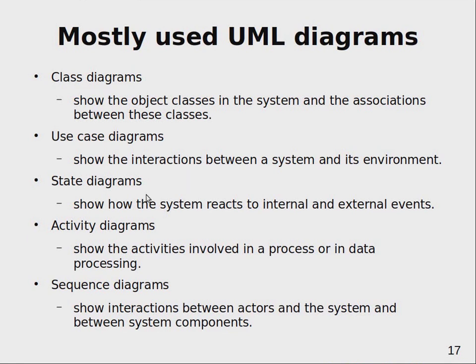State diagrams show how a system behaves, and activity diagrams are the same but for distributed systems. And the sequence diagram is the same for distributed systems where time, precise time, is important.